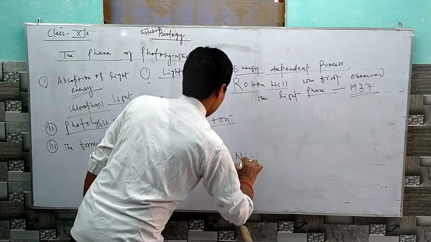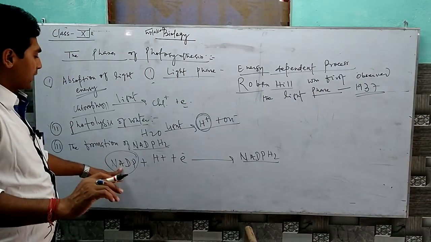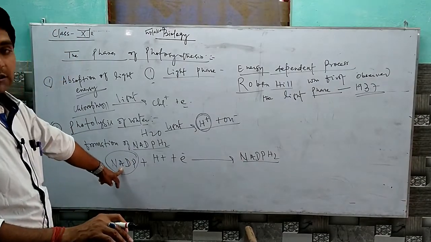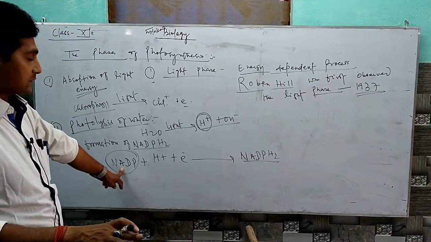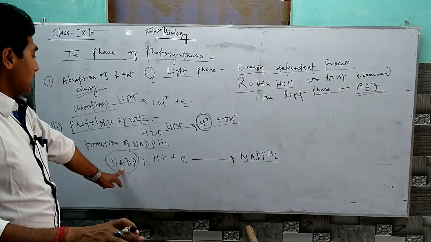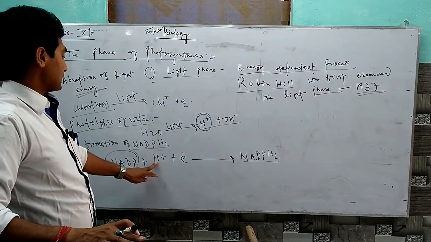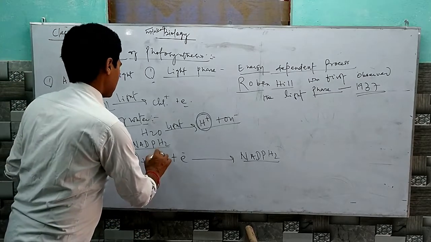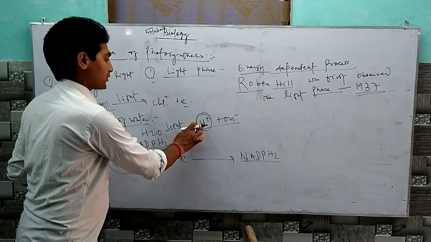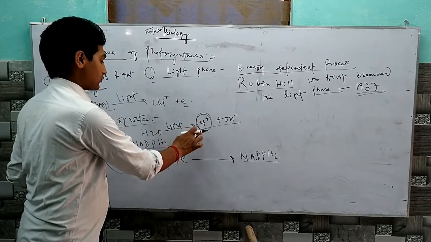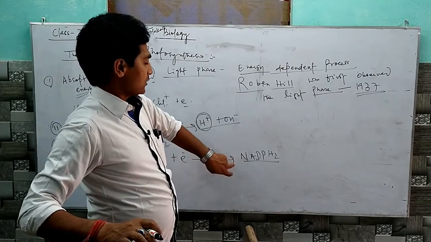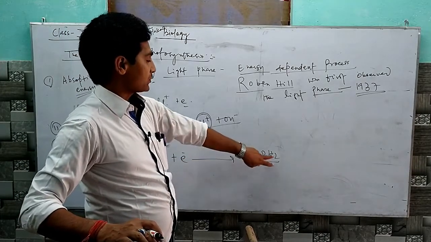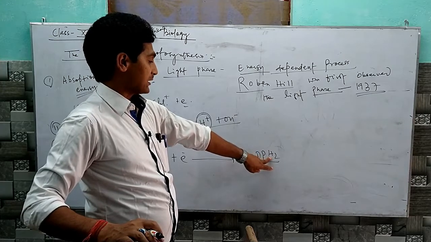Students, we know NADP is the reducing substance present in the plant body, and it picks up the hydrogen ion produced in the photolysis of water to form NADPH2. NADPH2 means reduced, because here the addition of hydrogen takes place.